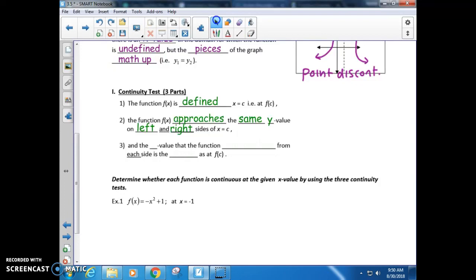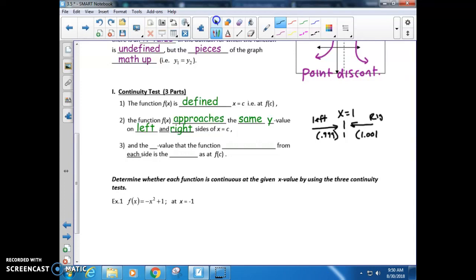So, for instance, if I was testing it at x equals 1, so from the left, a value I might test would be 0.999, because that's coming from the left. Okay, there's smaller values if you think of a number line. And coming from the right, I might test 1.001, because it's something just slightly bigger. You want to see, do they match up? When I test both the left and the right, do they hit the same y value?